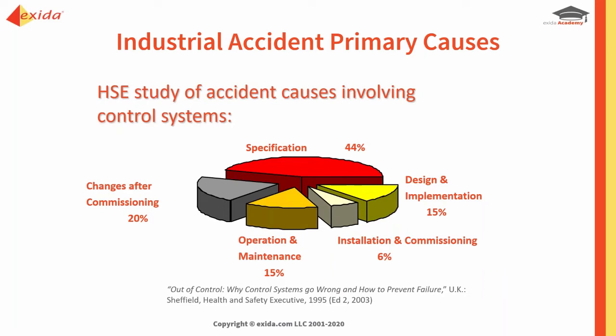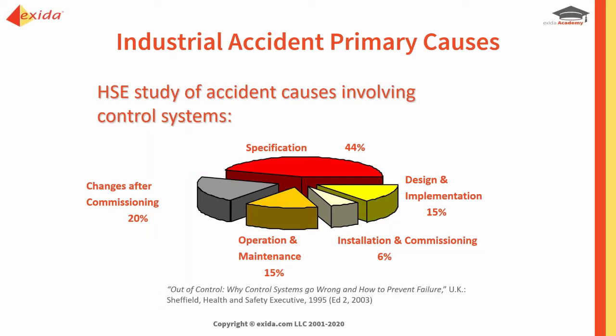Now, this is a very much used pie chart. You've probably seen this multiple times before at different conferences, but the Health and Safety Executive in the UK did a study in 1995, which they repeated in 2003, looking at the causes of accidents involving control systems. And what they discovered was, in 95, that 44% were due to bad specification.